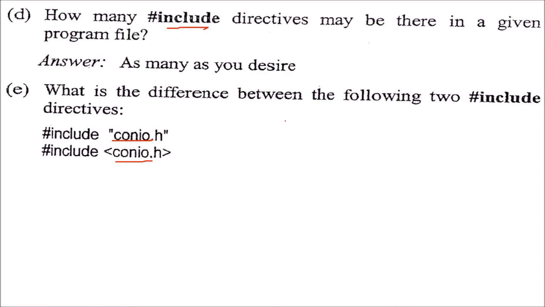Say you are using VC++ or Code::Blocks, or Turbo C. In all these, you specify a directory. So, when you use the angle brackets, conio.h will be searched only in that directory which you have specified. But if you use double quotes, it will search in that specified directory, and along with this, the directory in which you are, your present working directory, it will search there also.